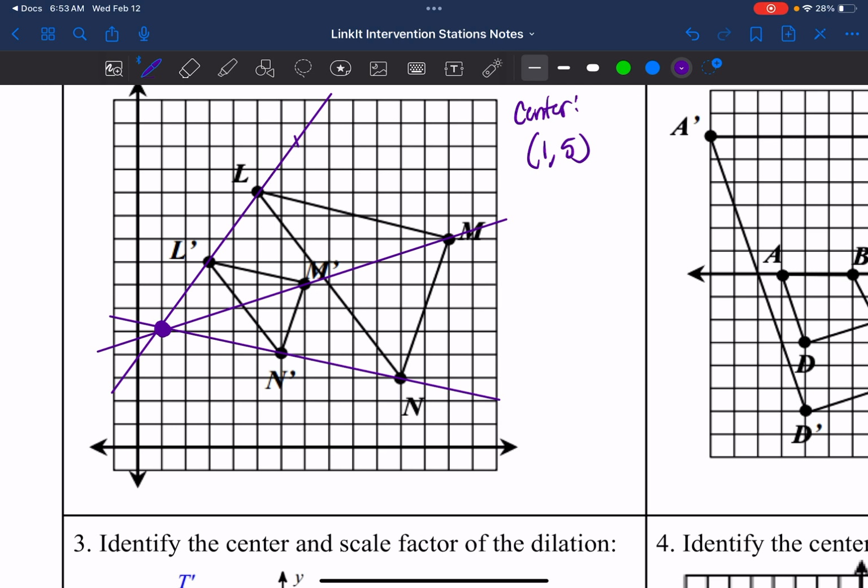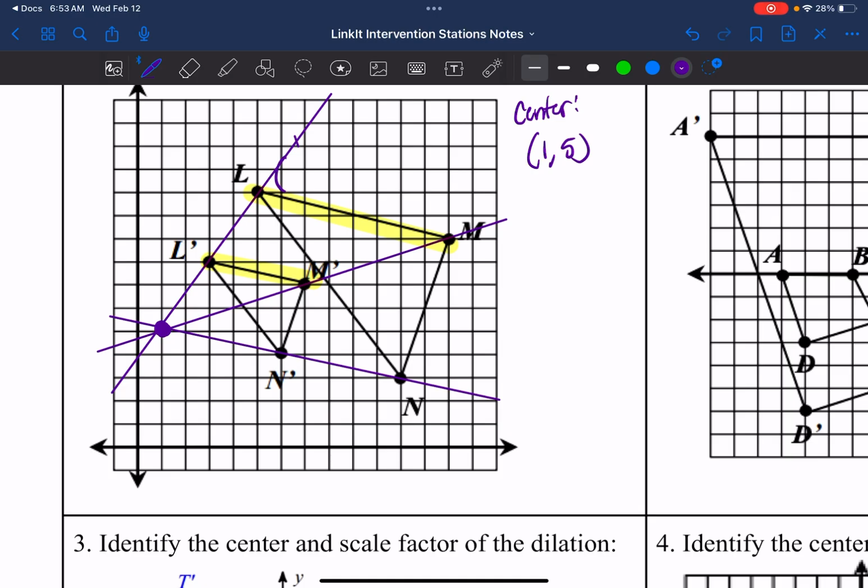None of them are vertical or horizontal here, so I am going to have to use the distance formula. I'm going to do LM and L prime M prime. For LM, I first need to identify the coordinates.